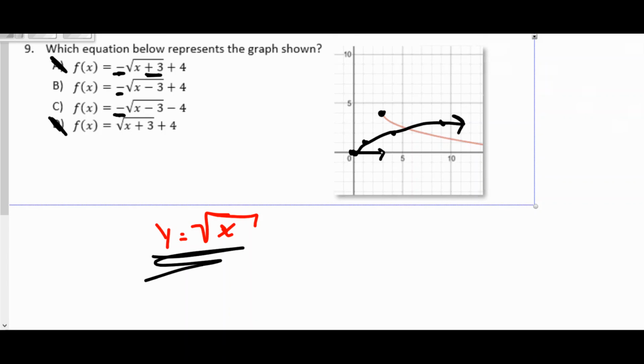Lastly, our parent graph has moved up, so we can get rid of choice C because that has us moving down. So choice B is the equation that has the parent graph being flipped, being moved to the right 3 units and up 4, which is how we get to this function right here. You can also plug these into your calculator and just match the picture.